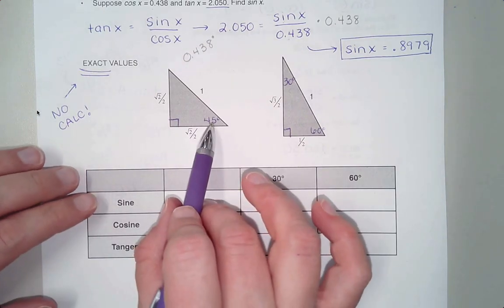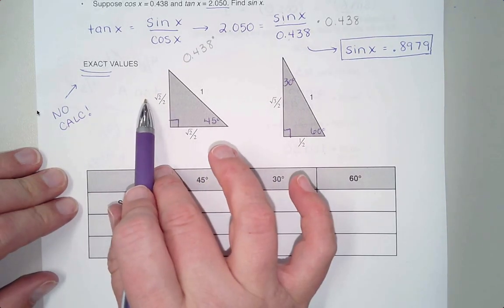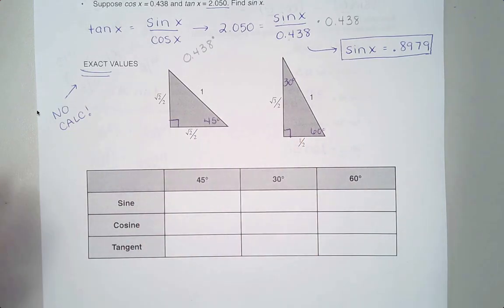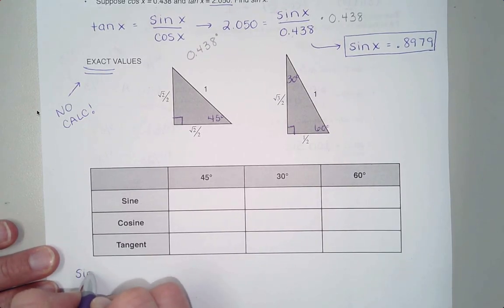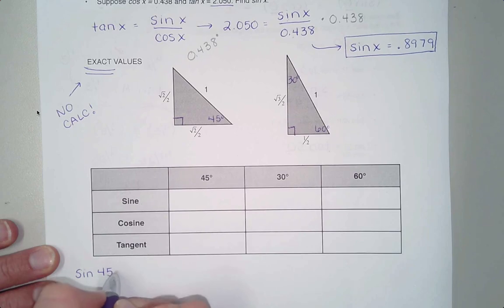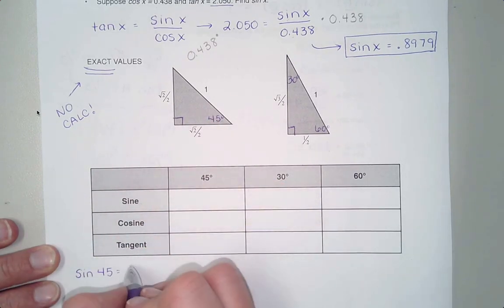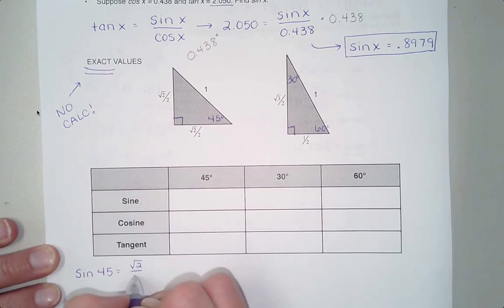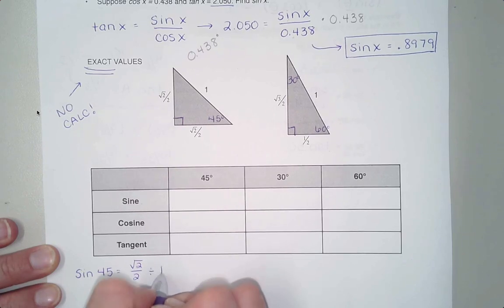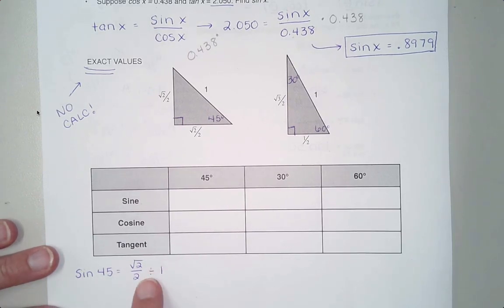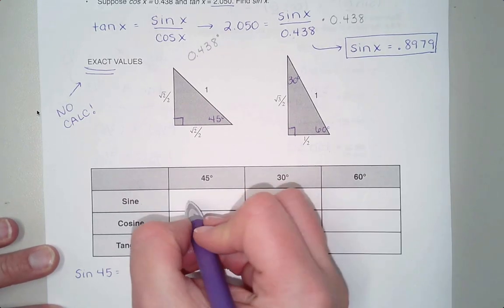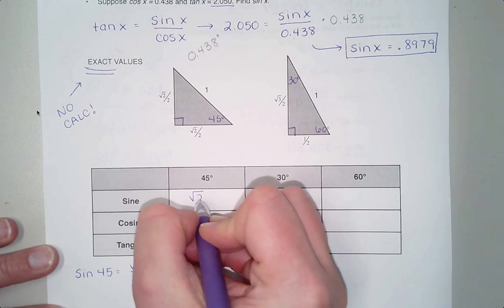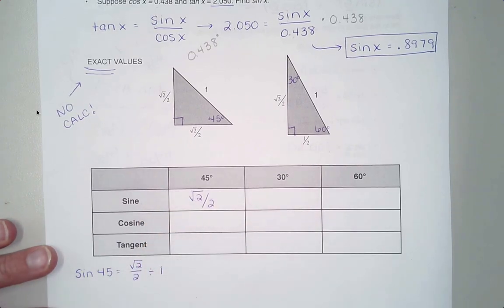So sine of 45 would be opposite over hypotenuse, and I want you thinking about over as like a division problem, okay? So sine 45, based on this triangle up here, would be square root of 2 over 2 divided by 1. Well, hey, dividing by 1 is not so bad because your answer is just going to stay the same, right? So I can now say that my sine of 45 is square root of 2 over 2.